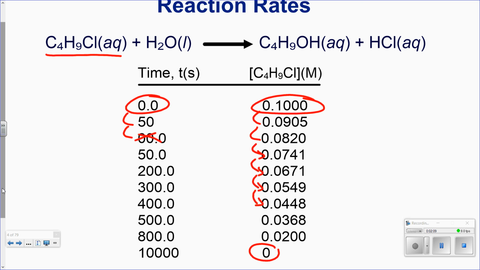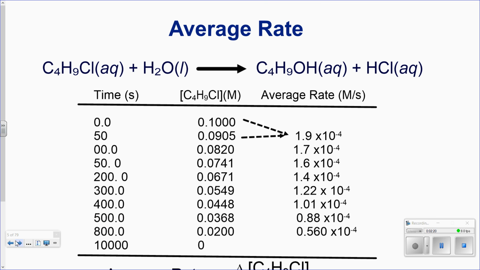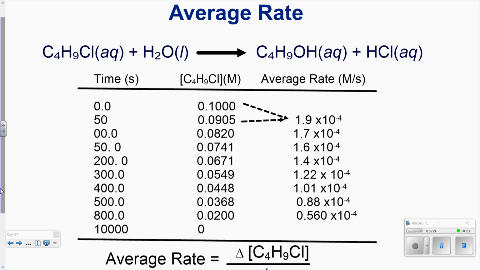So in this reaction, the concentration of butyl chloride was measured at various times. Now, moving forward, you'll notice that we have an average rate. What we can do here is take the change in concentration divided by how much time passed.